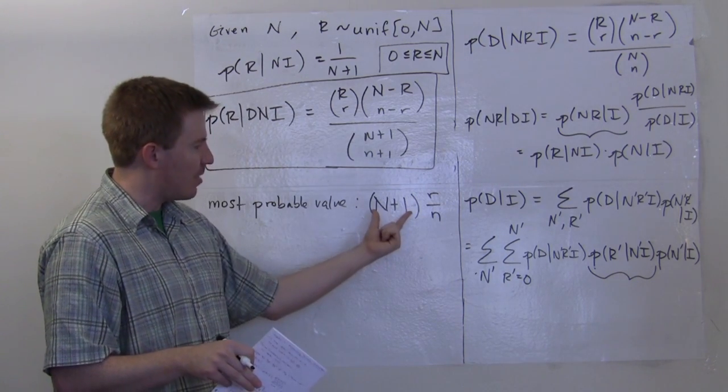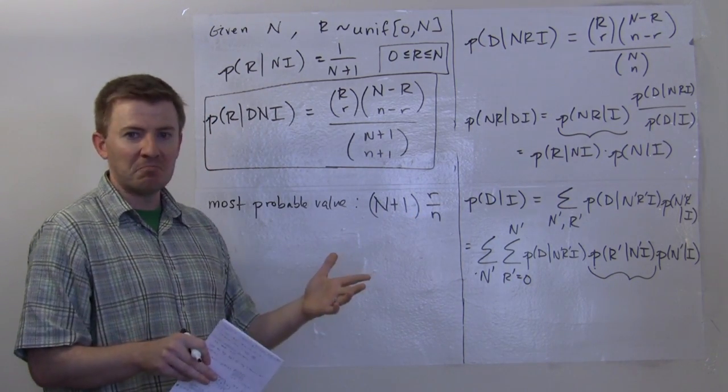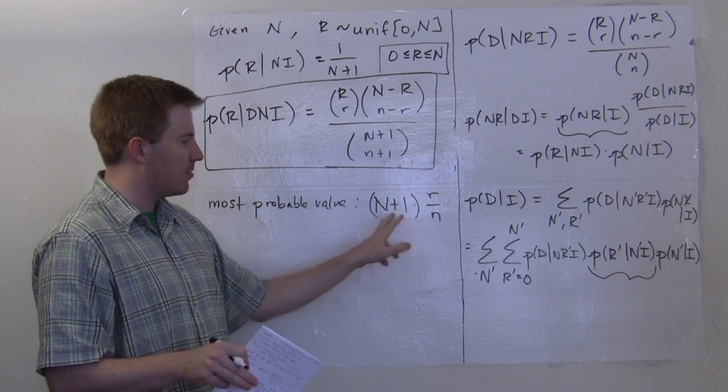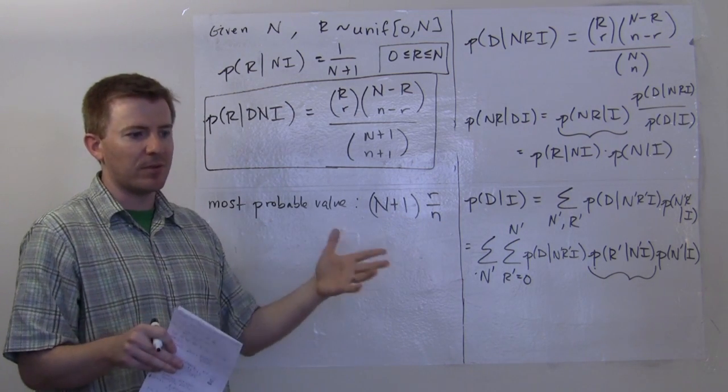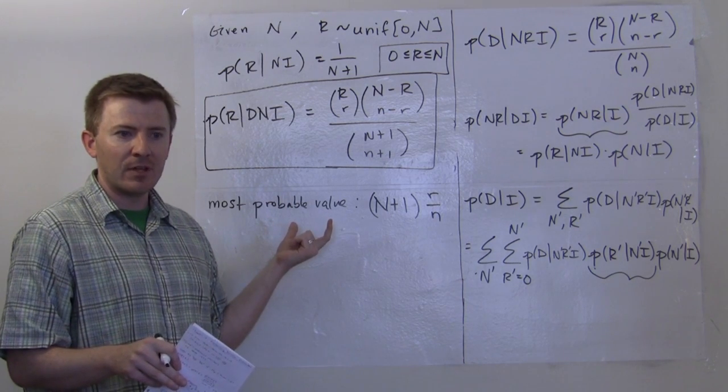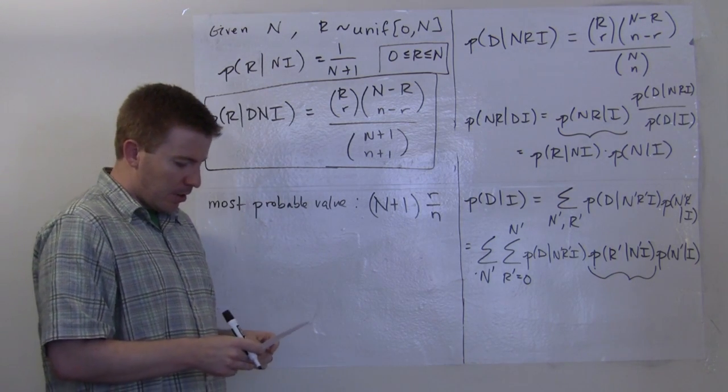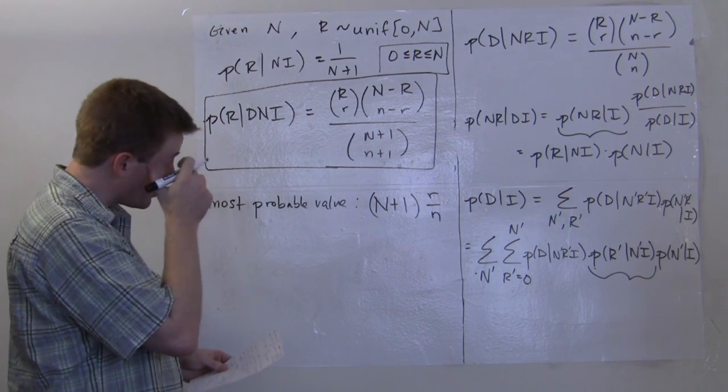The only difference is this n plus 1 term instead of capital N. But it's basically the in-sample ratio times the number in the urn that you would think is most probably the number of reds in the urn. Okay, that's one thing you could do.